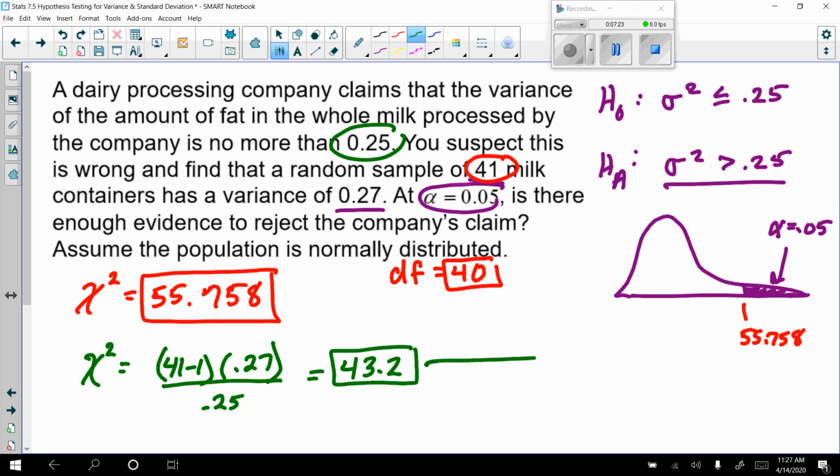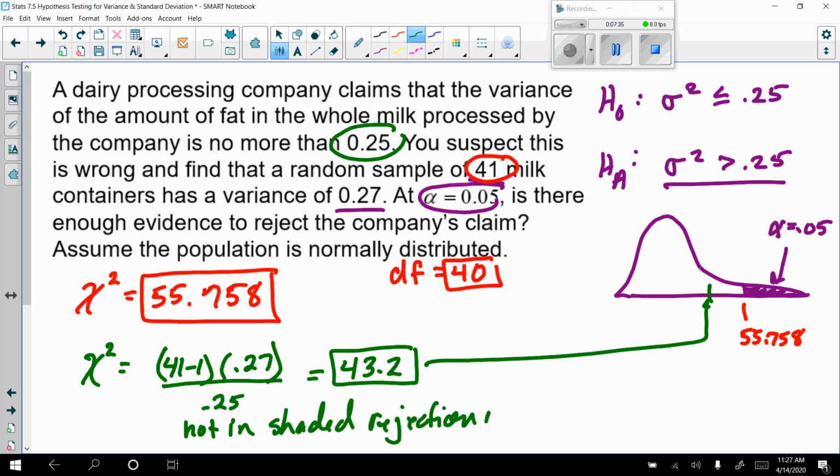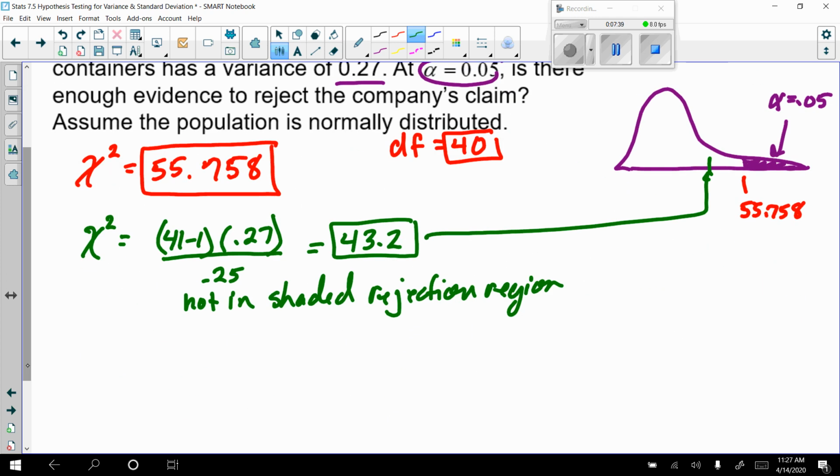Now 43.2 ends up somewhere right here, which is not in the rejection region. It is not in the shaded region. Therefore, we will not be able to reject the null hypothesis.